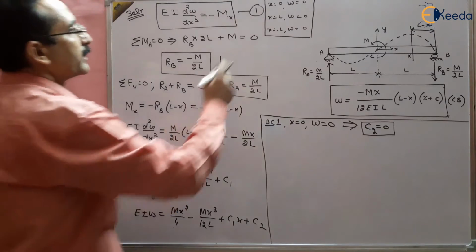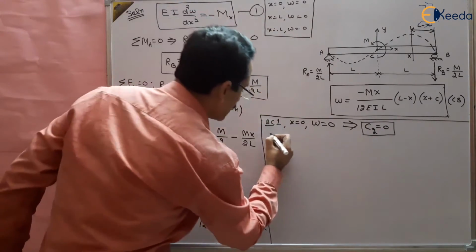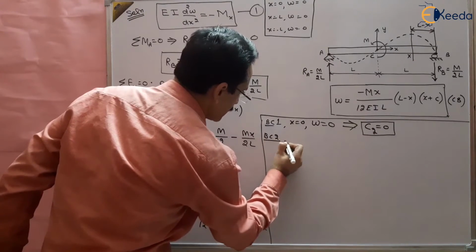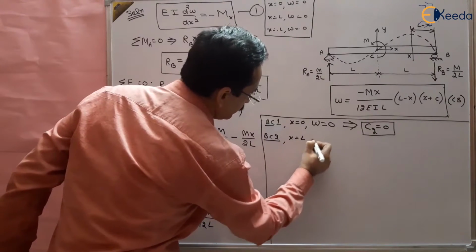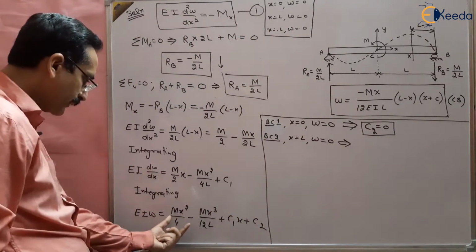Now another boundary condition is x equal to L, w equal to 0. We will be needing two boundary conditions only. So the second boundary condition is x equal to L, w is equal to 0. Put here x equal to L, w equal to 0.